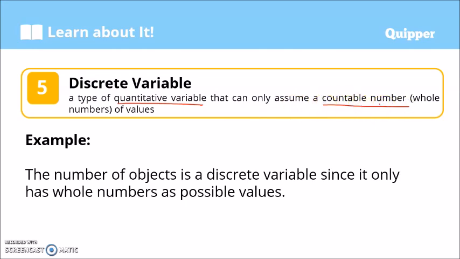Ibig sabihin, we can count them as a whole. Okay, whole numbers of values. So ibig sabihin, walang 1/2. Walang decimals. Example, the number of objects is a discrete variable since it only has whole numbers as possible values. Also, the number of people. Okay, kasi wala namang kalahating tao. Right, so that's discrete variable.